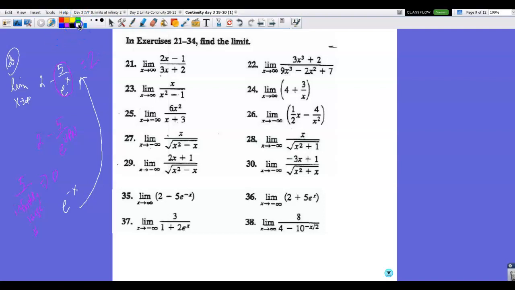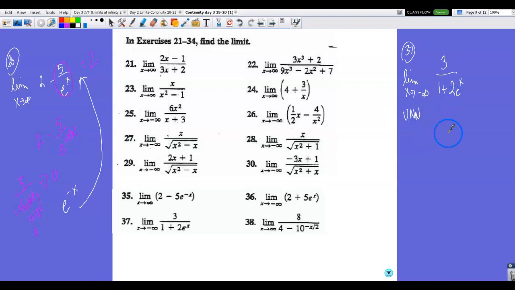And then finally, number 37, we have the limit as x approaches negative infinity of 3 over 1 plus 2e to the x. So this time, negative infinity is a very negative number.